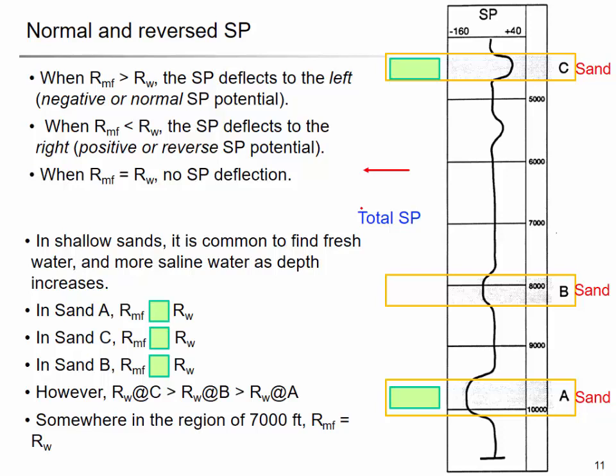So here you have several responses. When the resistivity of the mud fluid, so this is the resistivity, and the subscript MF means the mud filtrate, and the subscript W means the formation water.